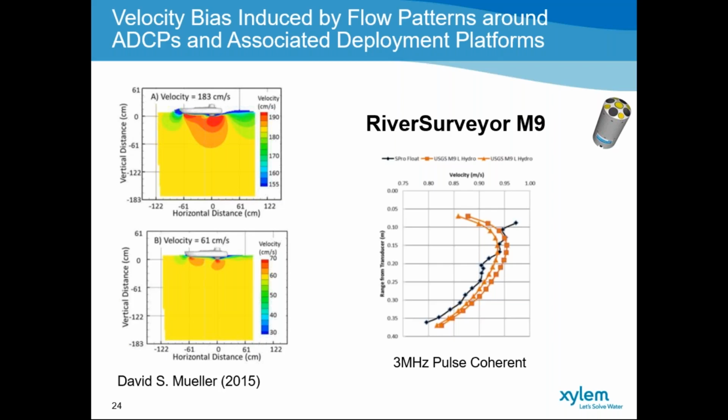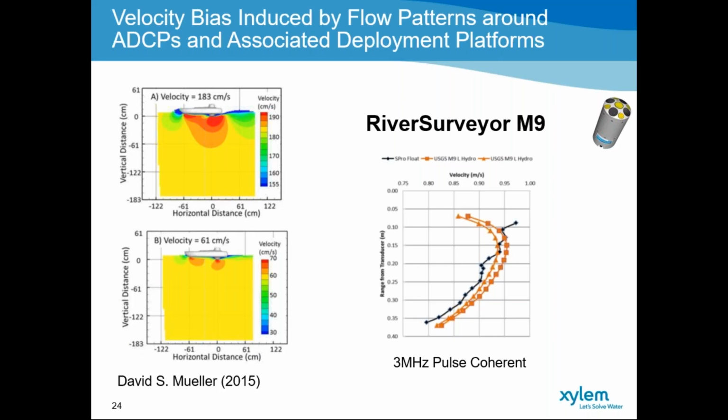Field observations also show the trend for low bias near the transducers. An additional field investigation suggested that there's a disturbed flow field around the instrument itself due to the instrument.